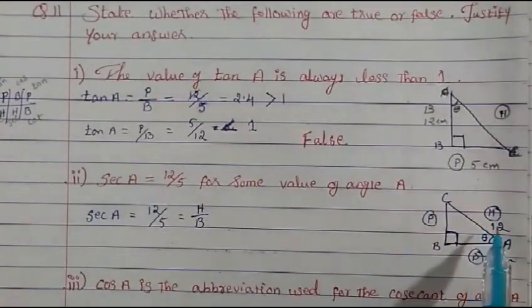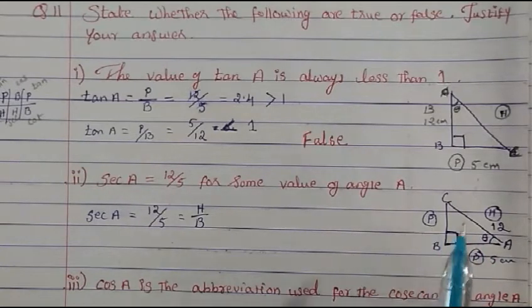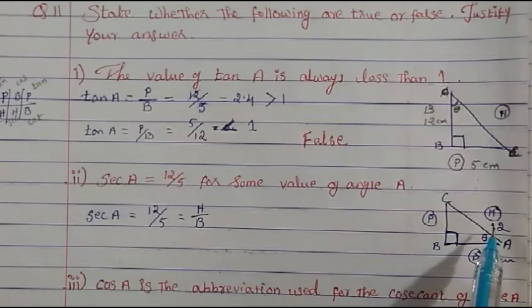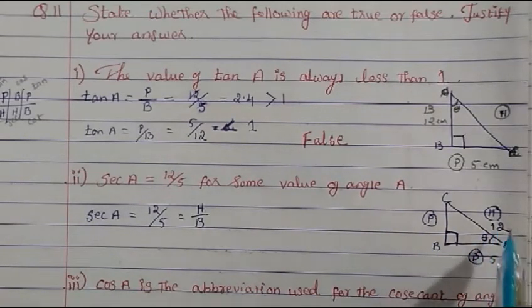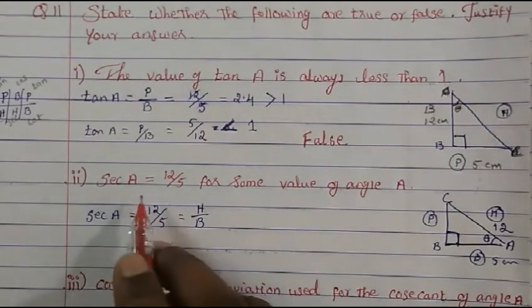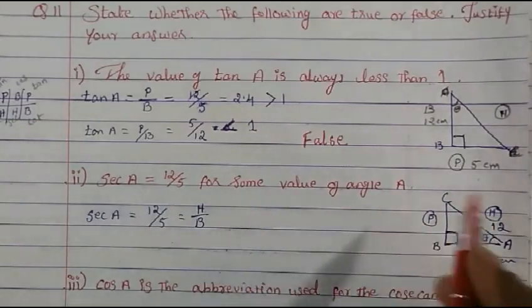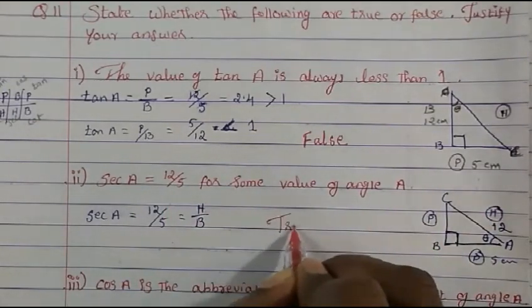Yes. Hypotenuse is greater than the base. If you use Pythagoras theorem and find out the third side, you will come to know that hypotenuse will be the biggest side compared to these two sides. So therefore this is a possible case, and therefore sec A is equal to 12 upon 5 for some value of angle A is true.